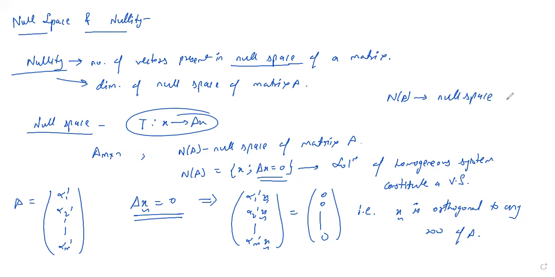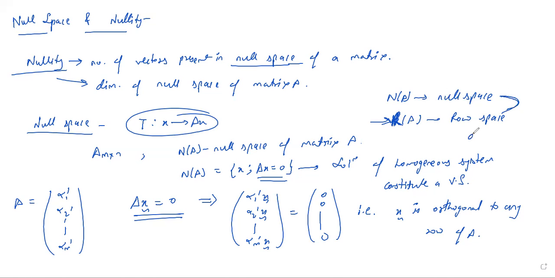I am writing R(A) for my row space, and I am using this notation for the whole lectures. R(A) is my row space, and these together form orthogonal spaces.